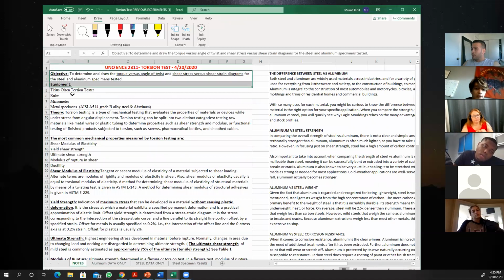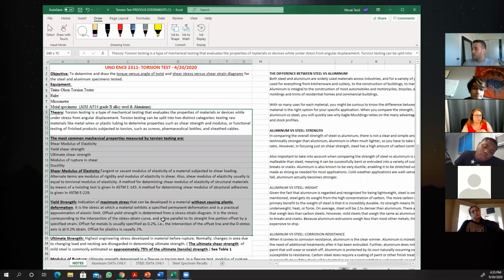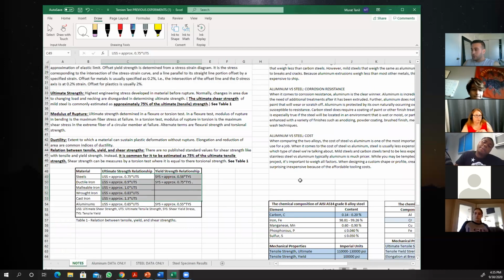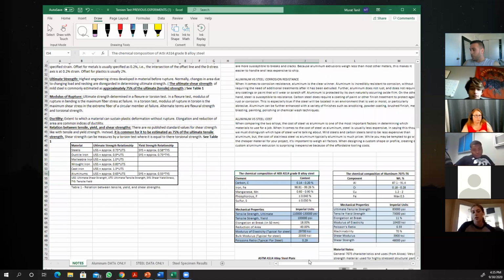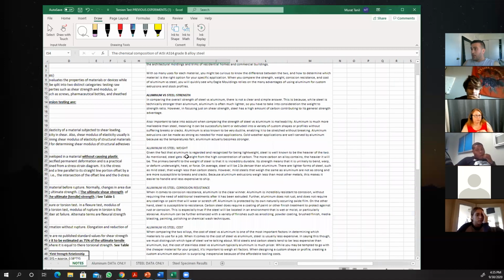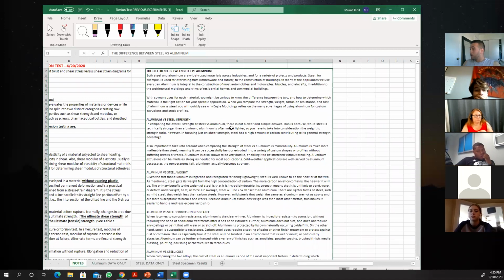You have your objective, you have the equipment that you need to use, you have the theory sections, you can summarize everything that you need to know, all the properties of the materials that's tested, and then the difference between steel and aluminum. You can include it in your discussion part.